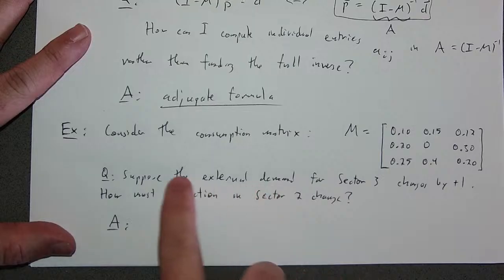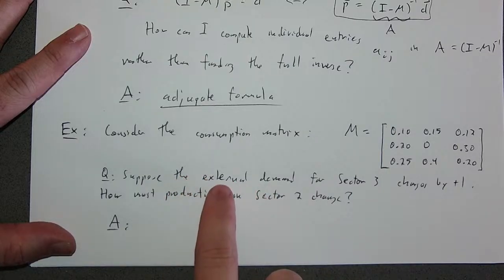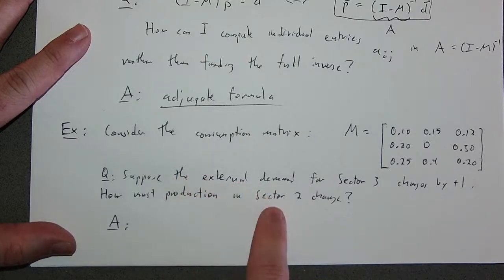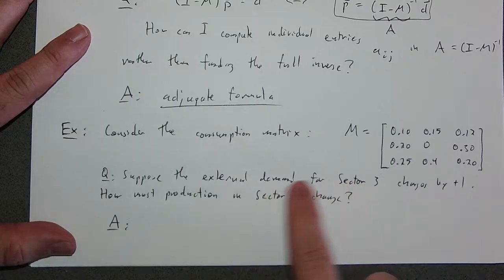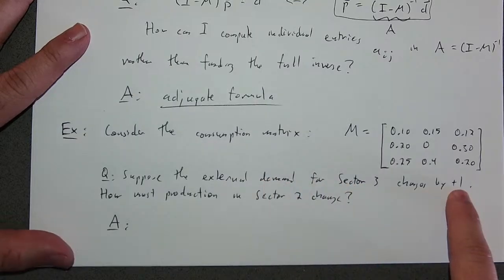Well, I'm looking for what has to happen as far as the production in sector 2 if the external demand in sector 3 changes by +1.